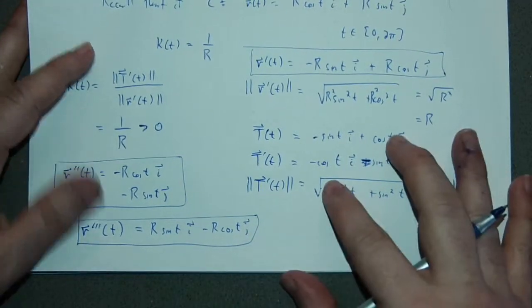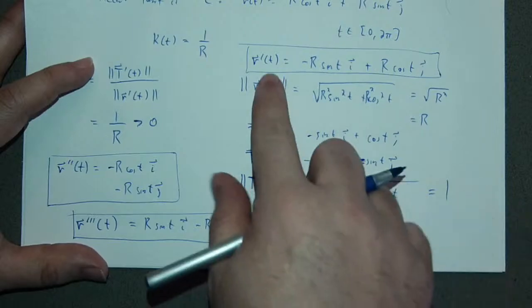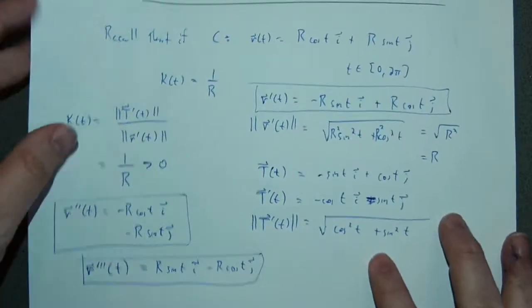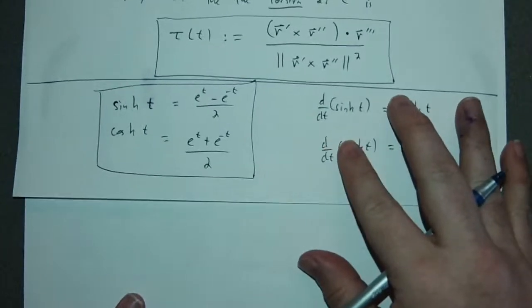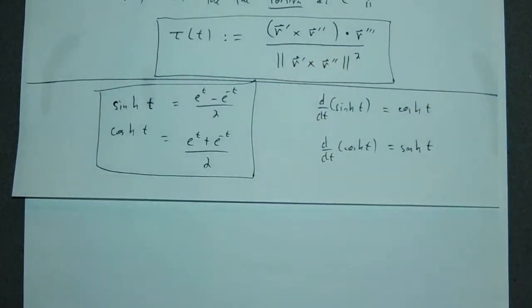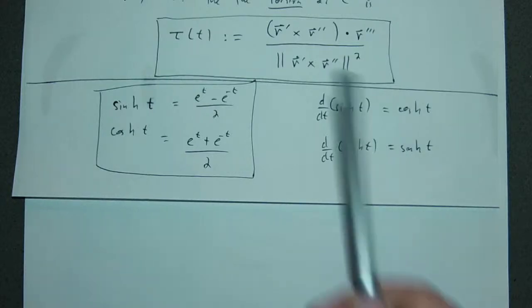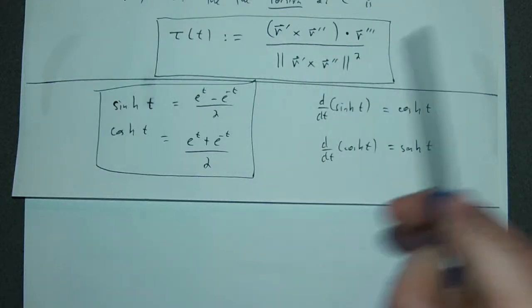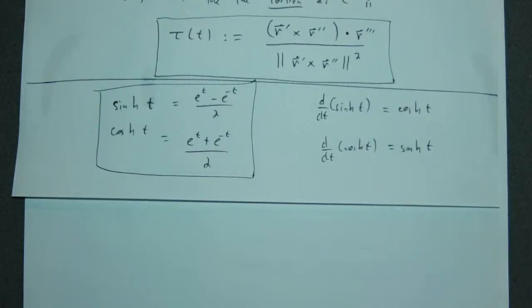Now I want to compute r prime cross r double prime. So you see why I want to compute this torsion. Here's the torsion. The reason I want to compute this is it gives me an excuse to do cross products as an example. Dot products, I don't think anybody has any issues with that.